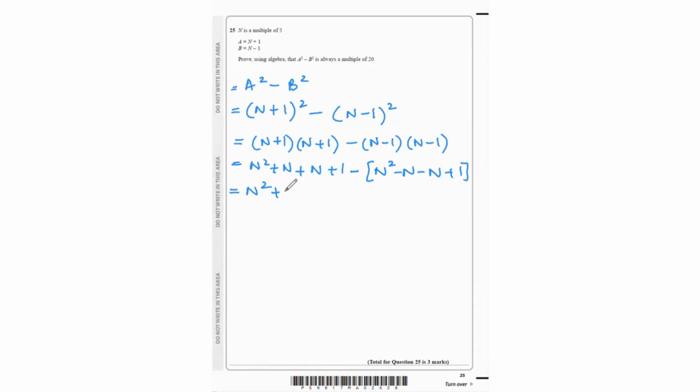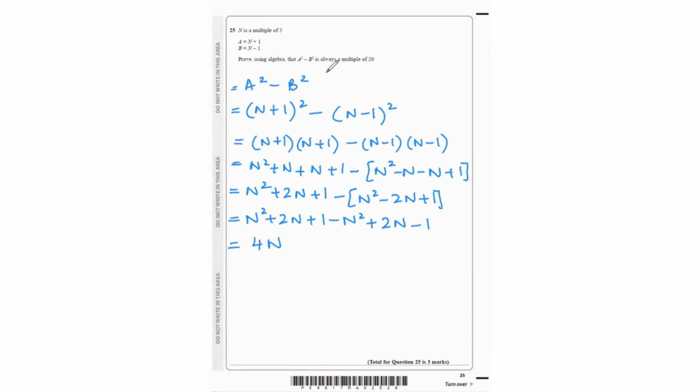N squared plus 2n plus 1 minus n squared plus 2n minus 1. N squared minus n squared is 0. 2n plus 2n is 4n. And 1 minus 1 is 0.